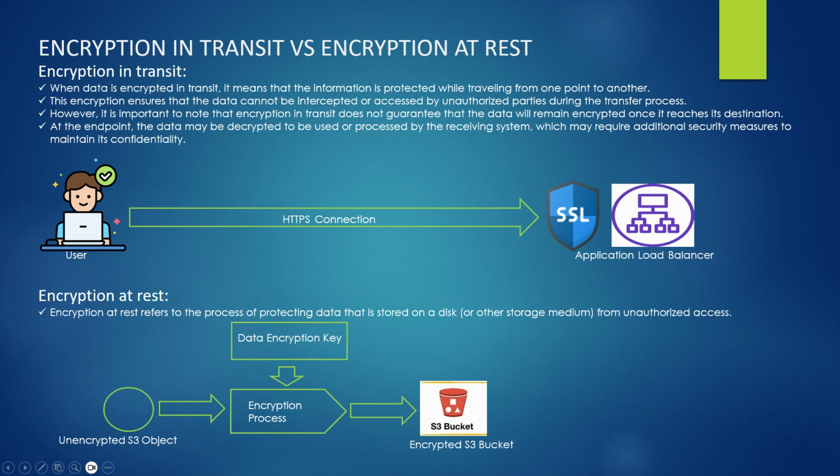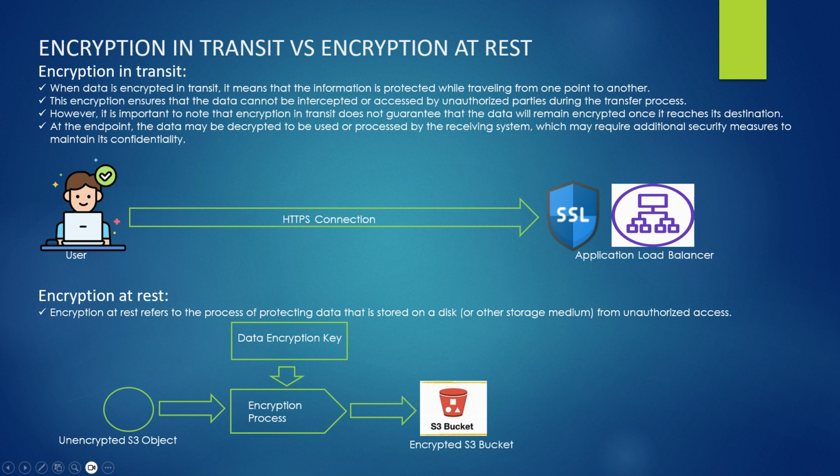Here you will call it encryption in transit. Your data travels from your endpoint to your application load balancer, and from your application load balancer to the respective EC2 instances as per the way you might have designed. This encryption ensures that data cannot be intercepted or accessed by unauthorized parties during the transfer process.